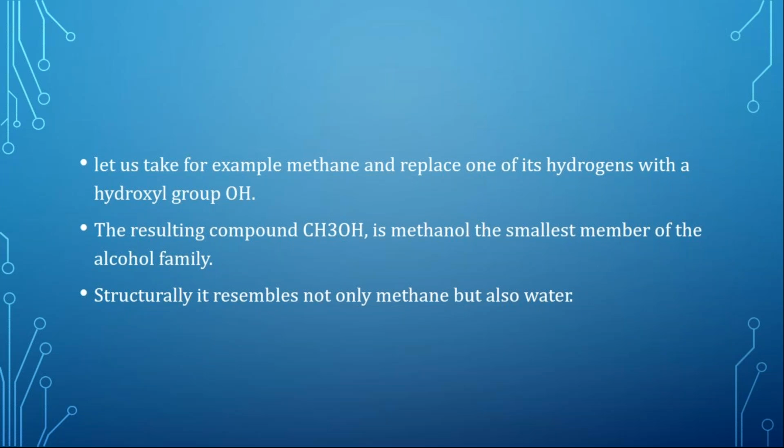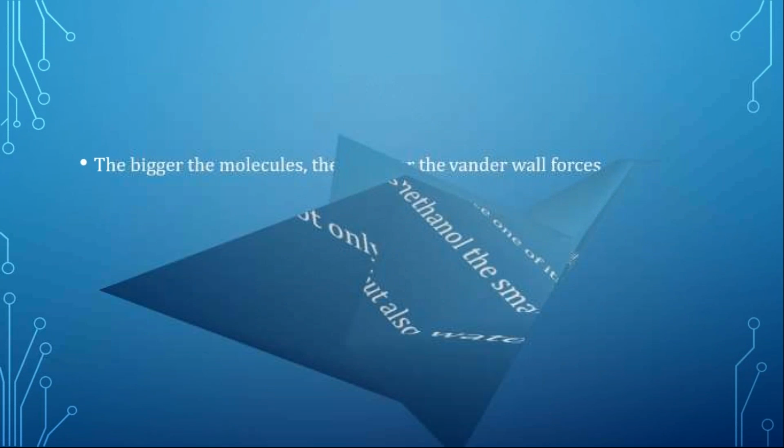Structurally, this CH3OH resembles both methane and water. If you remove OH from CH3OH and place H, it will be methane. Remove CH3 and place H, it will be water. So it has similarity to methane and water, but it is entirely different: it is an alcohol.